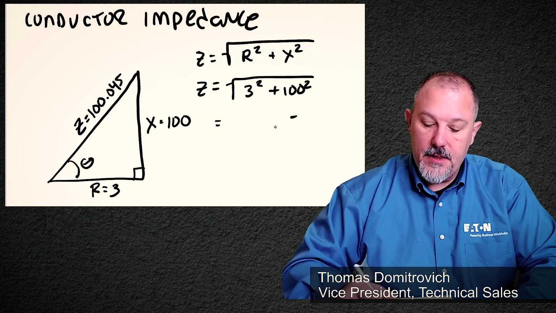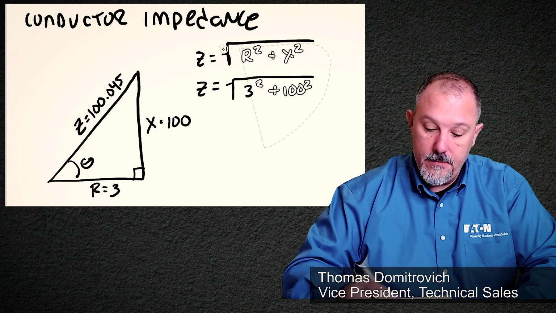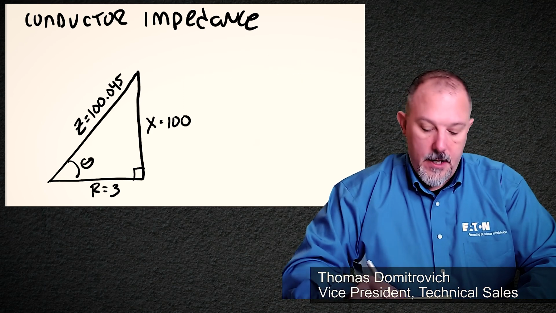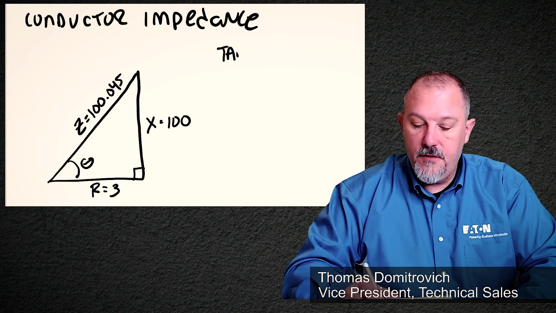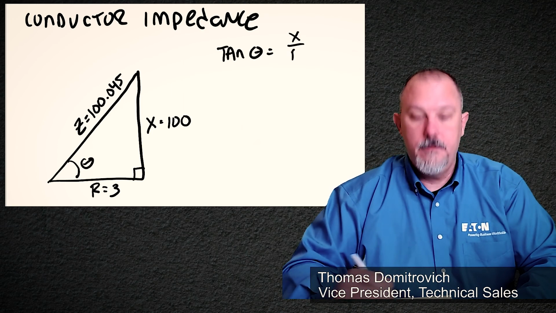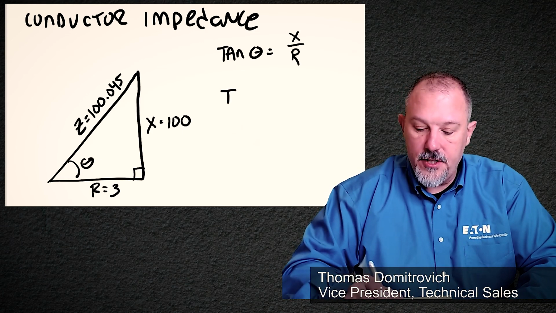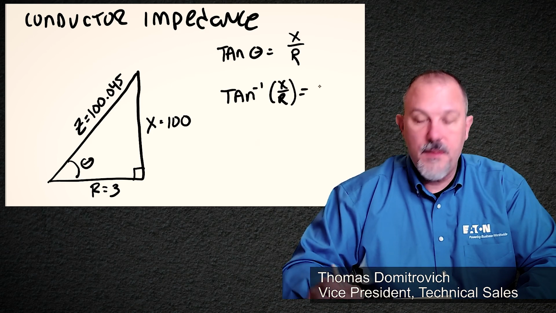If we go back to the rules of trigonometry, we know that tangent of theta is equal to opposite over adjacent, X over R. And we also know that the inverse tangent of X over R is equal to theta.